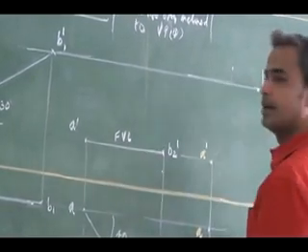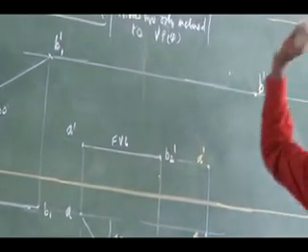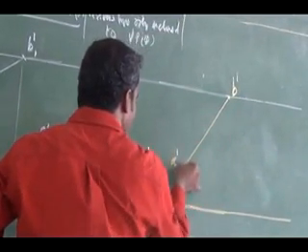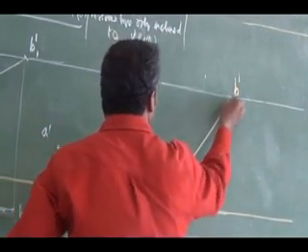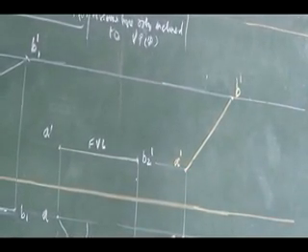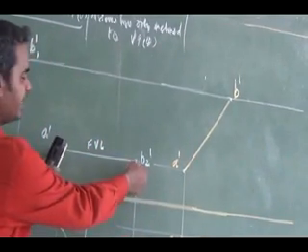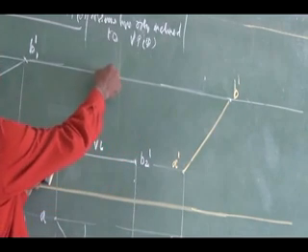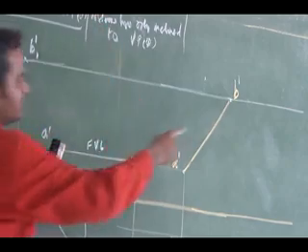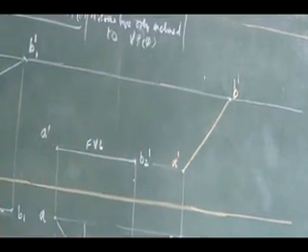This is my B dash. Is it clear? This will give me the final front view. I am just rotating this front view length, keeping A dash, to the top locus, the locus of B dash. Wherever it intersects, that is my B dash. So this is my final front view of the inclined case in the given problem.